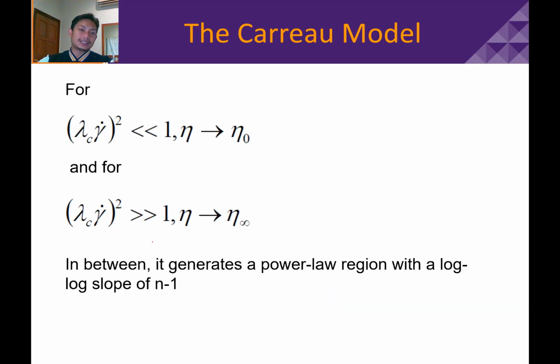If lambda c times the strain rate, to the power of 2, is less than 1, the viscosity behavior represents the zero shear viscosity. If it is larger than 1, the viscosity behavior of the material represents the infinite shear viscosity in the Carreau model.